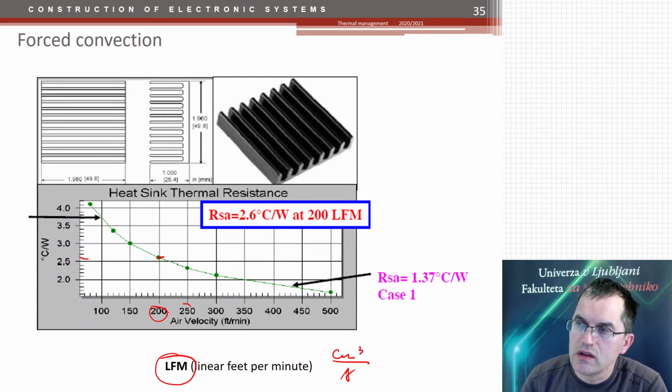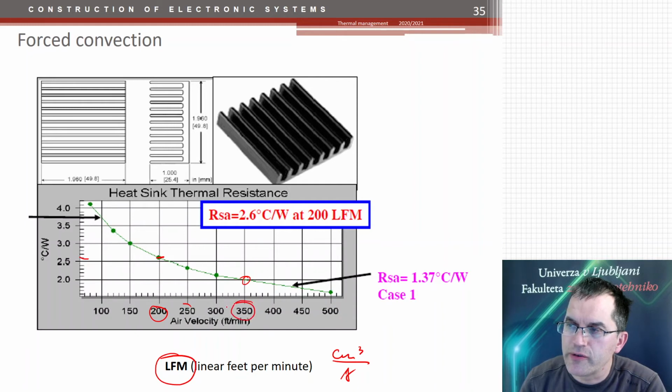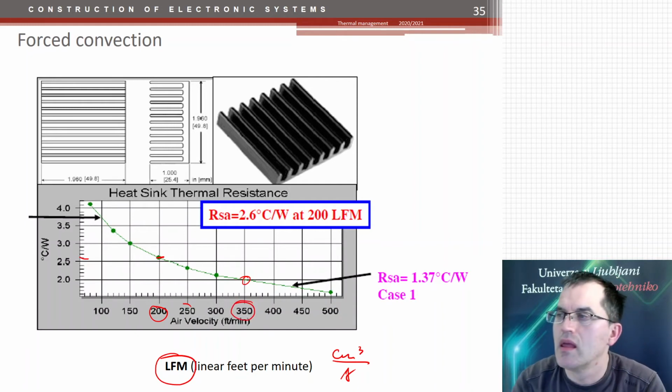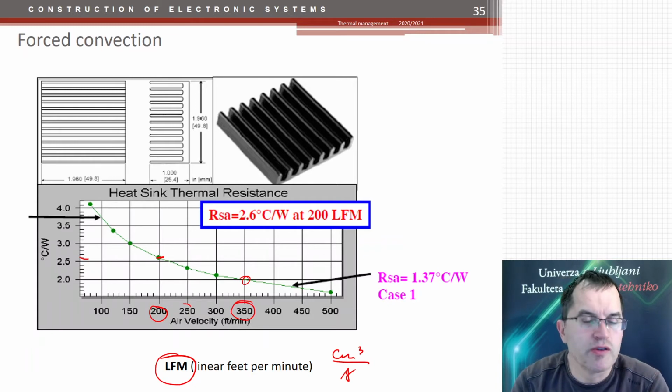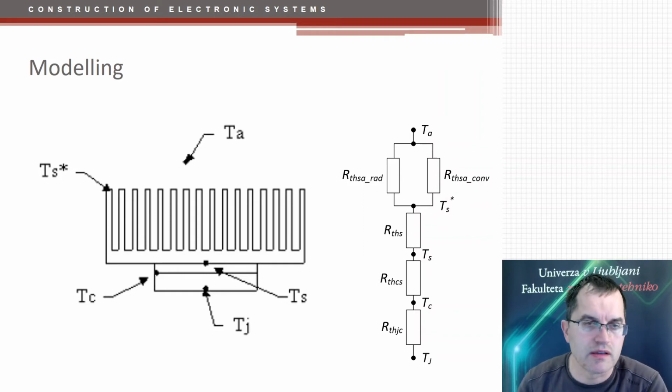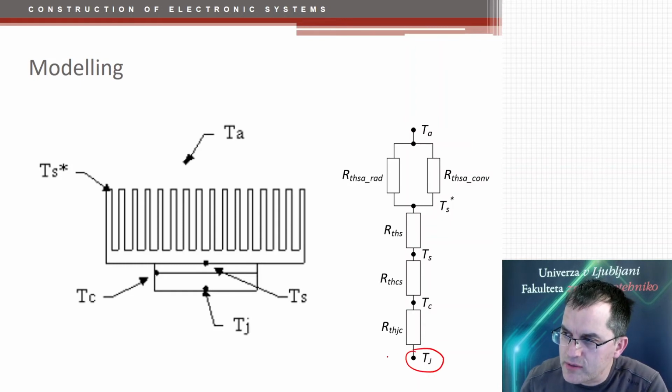And if you need another thermal resistance, you may find another fan that blows your air faster. These are all options you can take, and you can model your thermal circuit at the end. As you see here, you have the junction temperature, and here you have the ambient temperature, and all that you have in between.